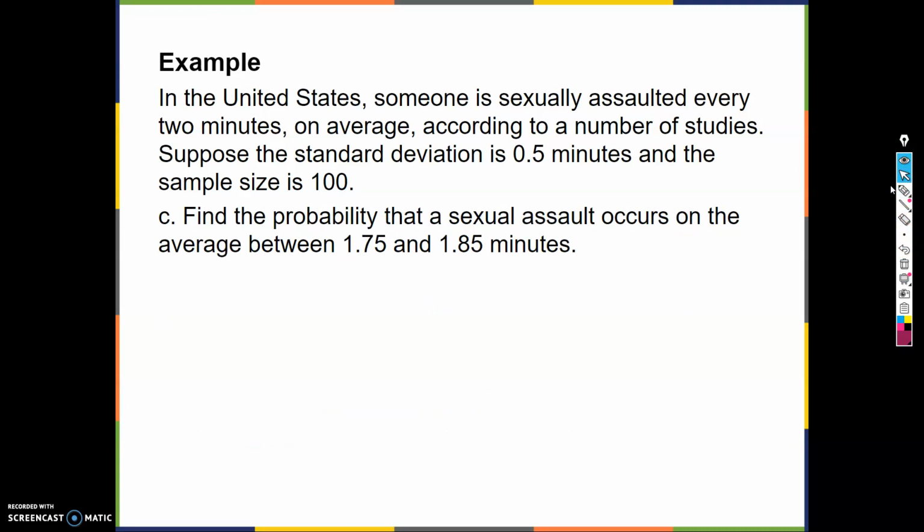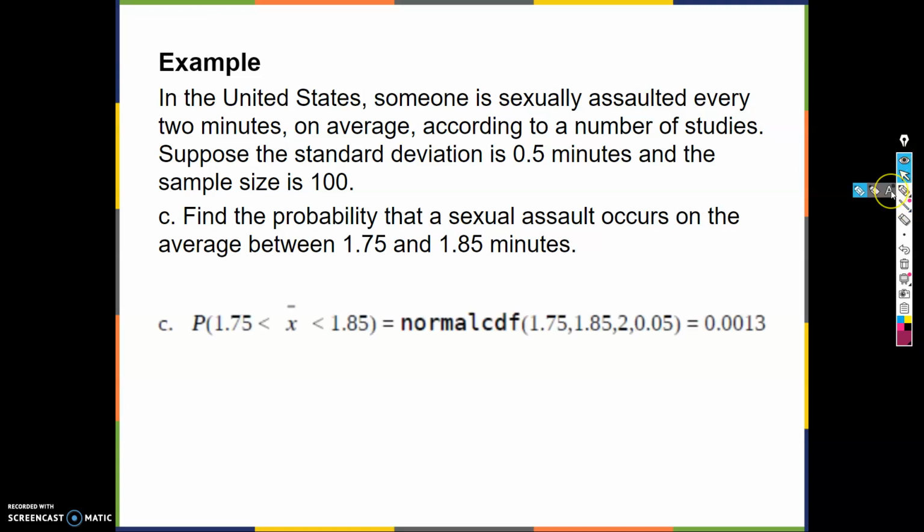Find the probability that a sexual assault occurs on average between those times. So there's a very key word in here: on average. On average means we're using the means, so our mean stays the same at 2.